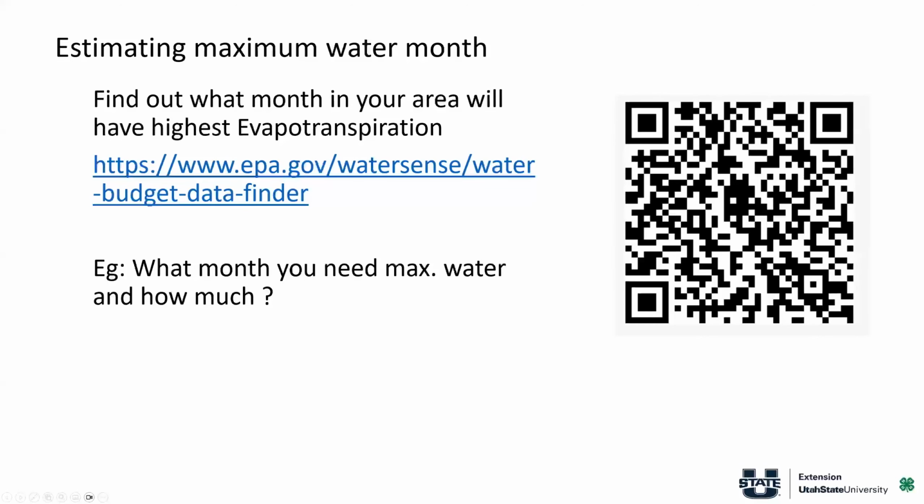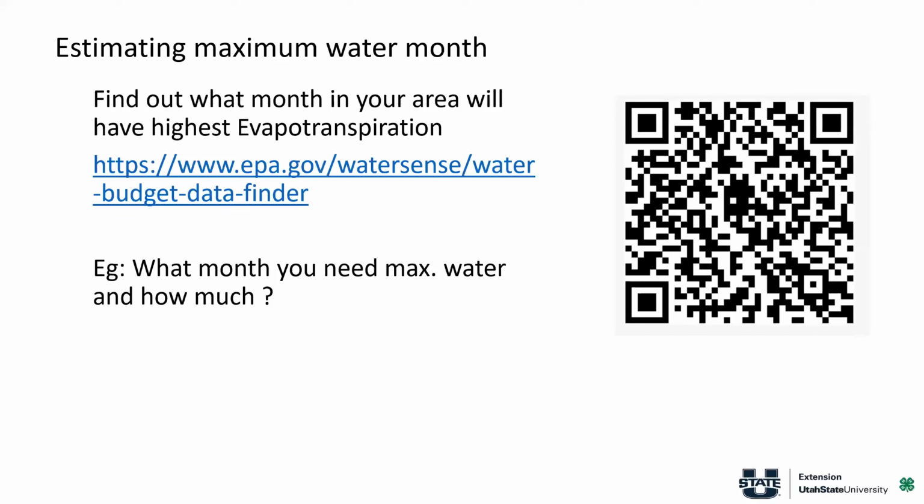There's another thing known as estimating the maximum water use month. Even the EPA has a data finder link where you can estimate water use per maximum water use month. Now, why is that needed? It is needed because if you can provide your landscape the amount of water needed in the month that uses maximum water, you should be relatively good in other months.